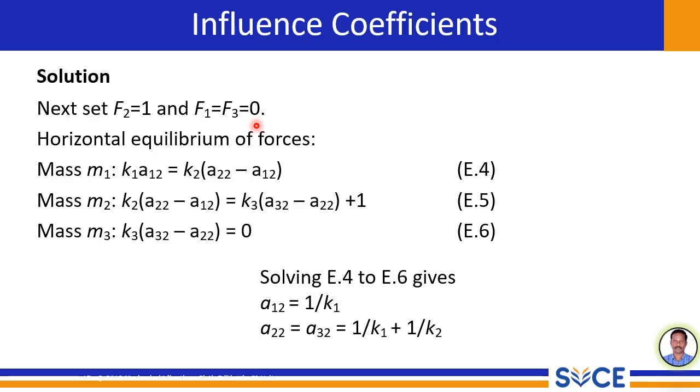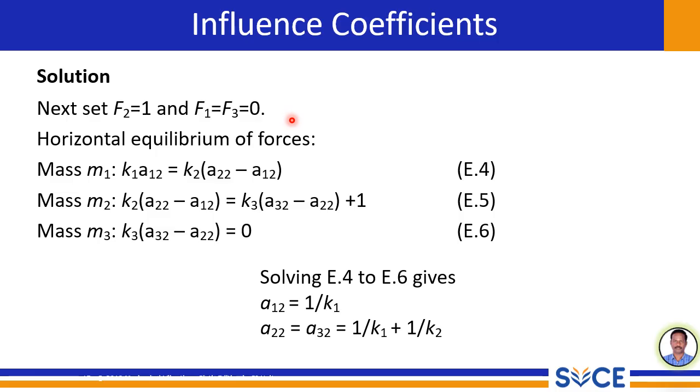That means the resulting displacements are A12, A22 and A32 for masses M1, M2, M3 respectively. We can again write the horizontal equilibrium of forces for each mass.